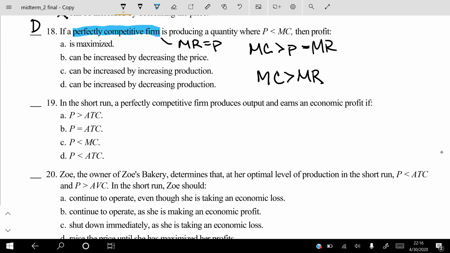To be in production, we care about when ATC intersects MC, right? And if it's equal to price, well, that's the profit maximizing point. So you most likely would want to be above it, and so the answer here will be A.